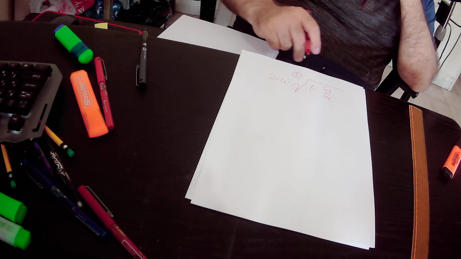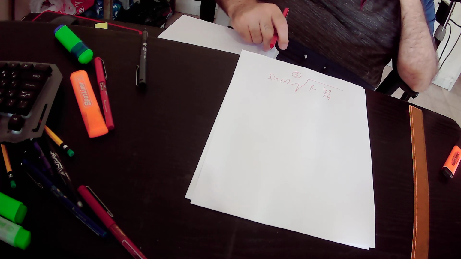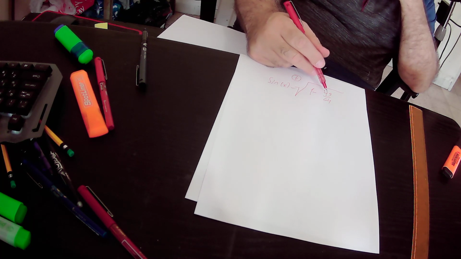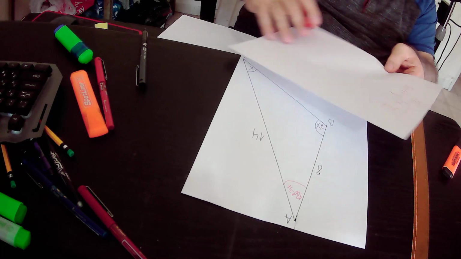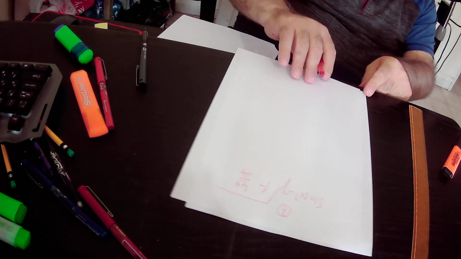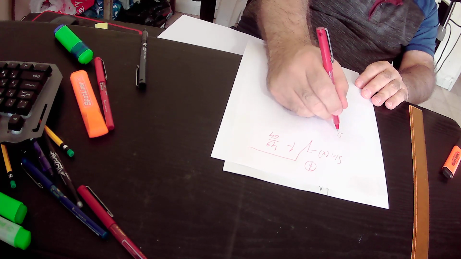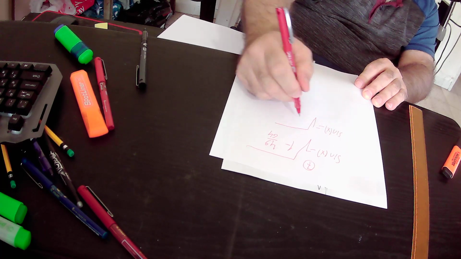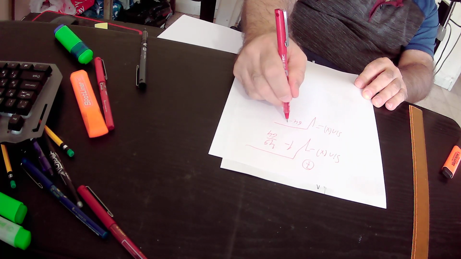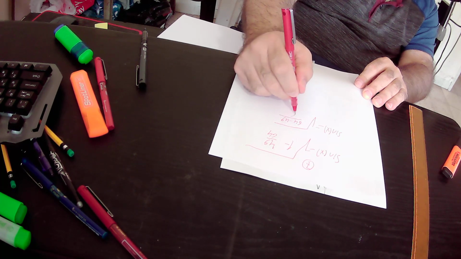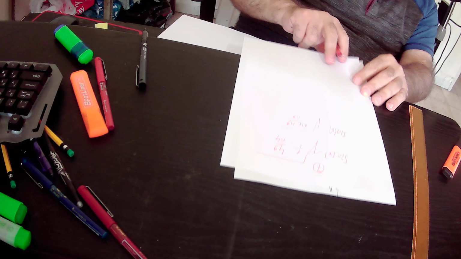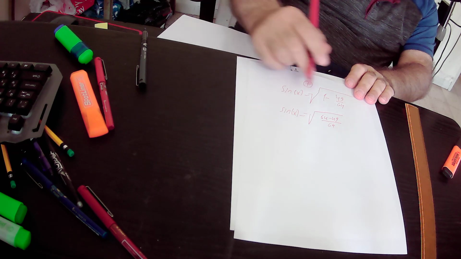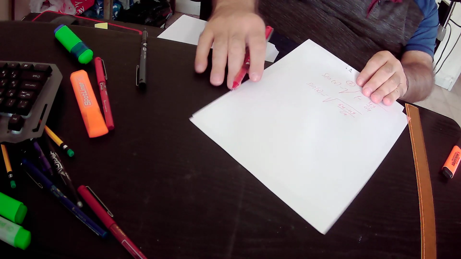Here we'll substitute 1 by 64 over 64 in order to have a common denominator. We get that sine x equals the root of 64 minus 49 over 64. Here 64 minus 49 is 15, and the root of 64 is 8.